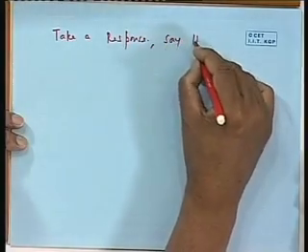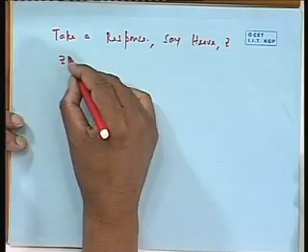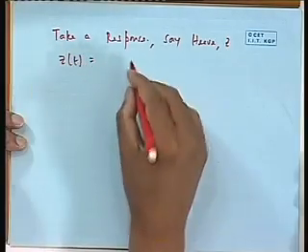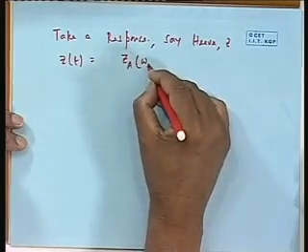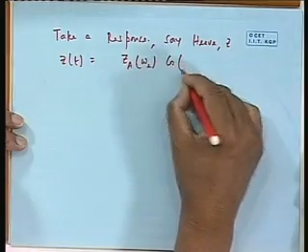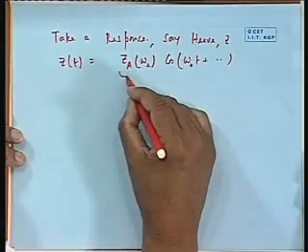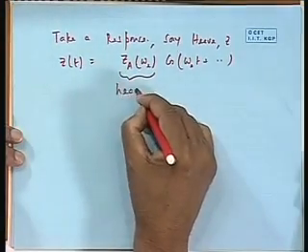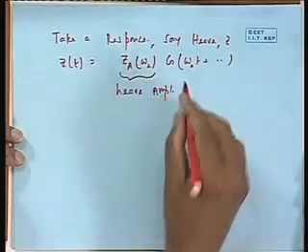Say heave. So Z(t) is given by the amplitude, of course at a given frequency, times cos(omega_e t plus something). This is my heave amplitude, the amplitude of heave response.